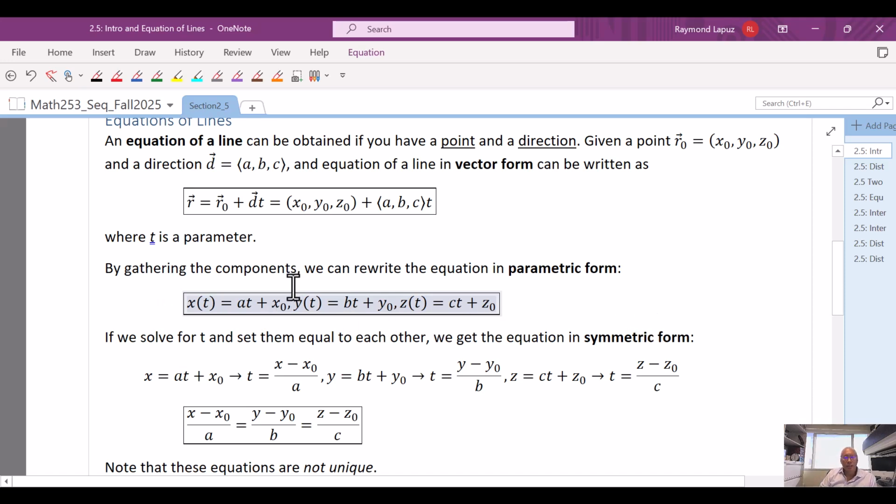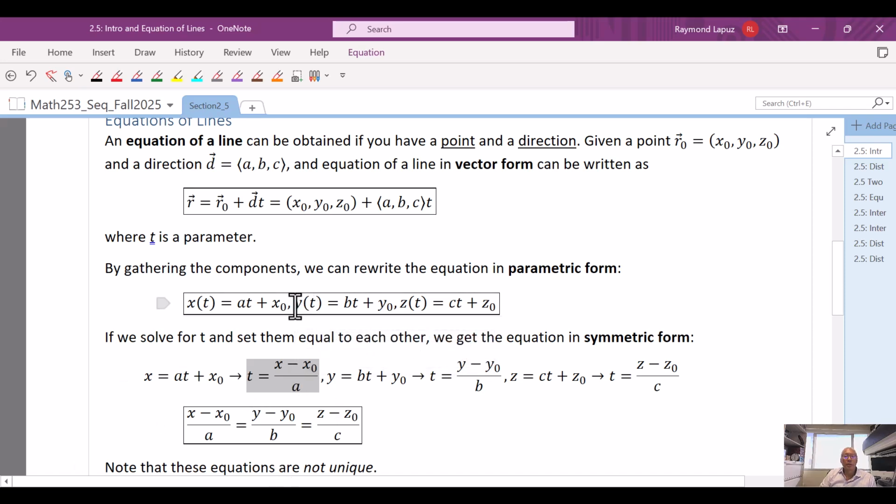We've seen a case where we were interested in getting rid of the parameter to express our equation in terms of x and y. You can do that in the same way in 3 dimensions by doing the same thing we did before. You would take your x of t function, and then solve for t. Once you solve for t, you have an expression where t is equal to that.